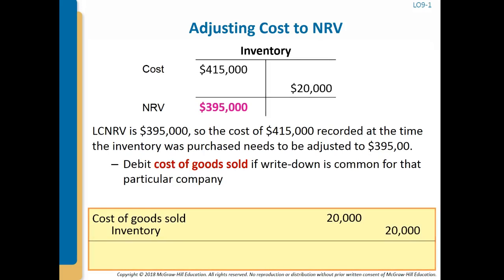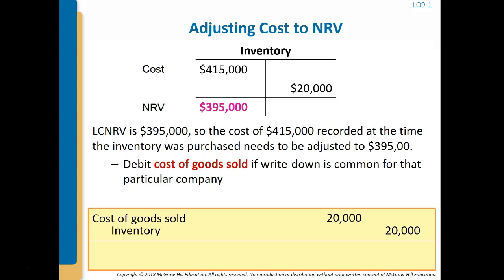When NRV is below cost, companies are required to write down inventory to the lower net realizable value. This is accomplished in one of two ways depending on the nature of the decline in inventory value. These write-downs usually are included in cost of goods sold because they're a natural consequence of holding inventory and therefore part of the inventory's cost.